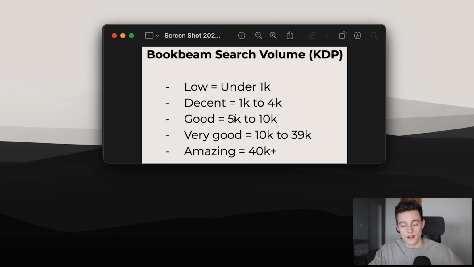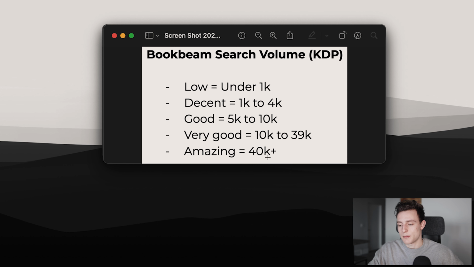Good would be around 5,000 to 10,000, and that is quite a very healthy amount of searches per month for a keyword. Very good, 10,000 to 39,000. That's a lot, and that has definitely got a lot of demand for it. What you'll find though, as you get higher in these average monthly search volume numbers, is that the demand will definitely increase, but the competition is also going to increase.